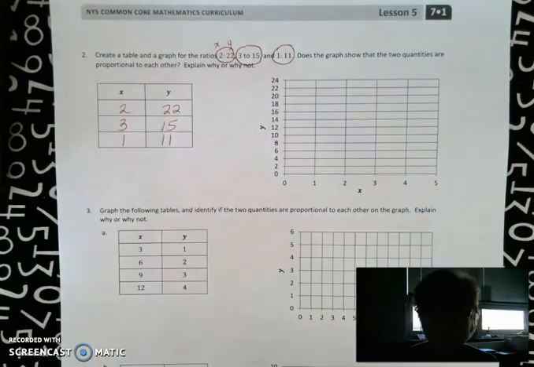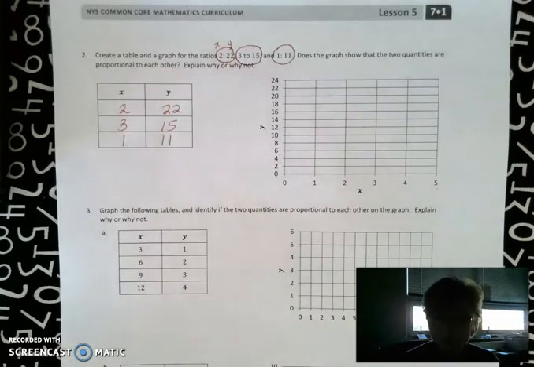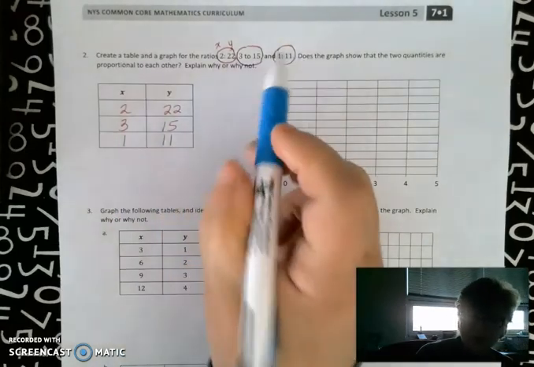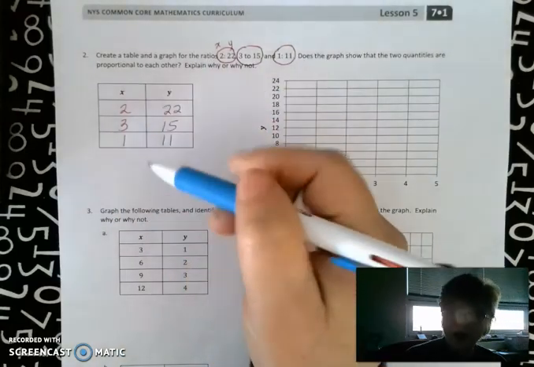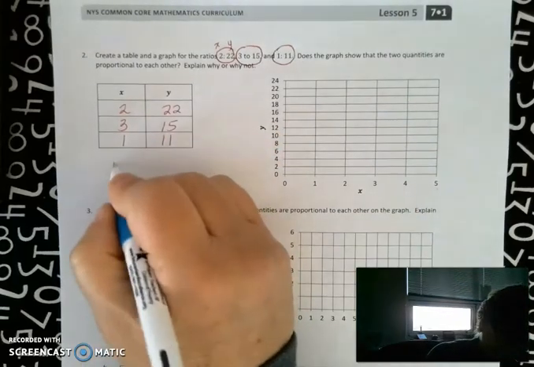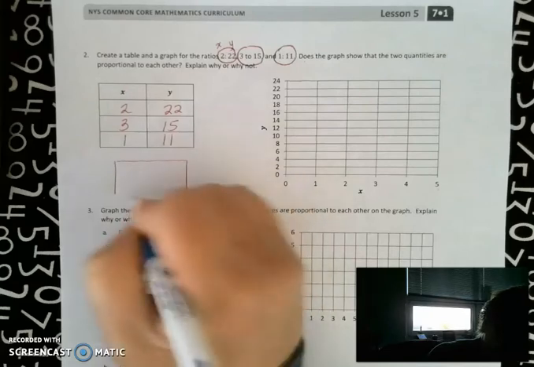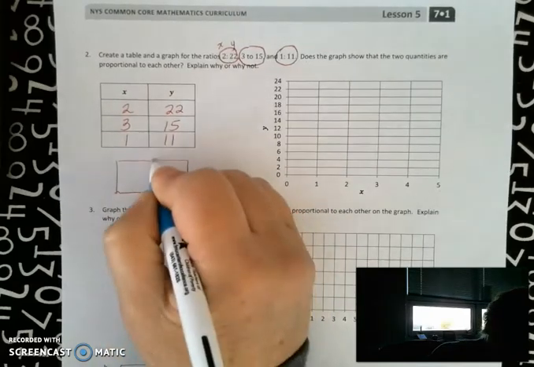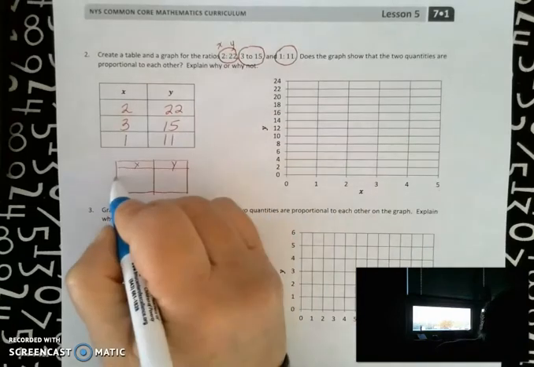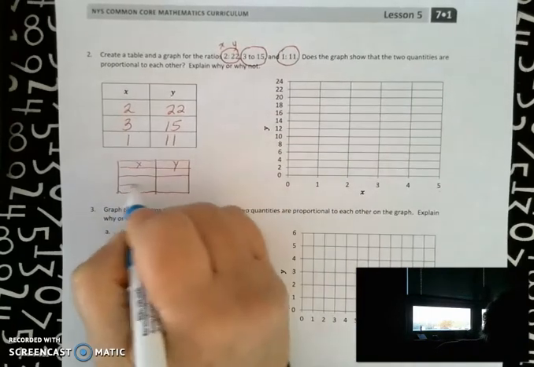Now I'll tell you that if I was actually making this table myself, I did them in order, how they were written, but I would probably put them in order by the value of the x. So just saying, if you did that, that's probably a good habit to get into, is putting your x's in numerical order.